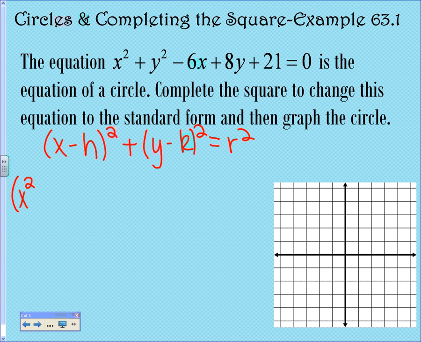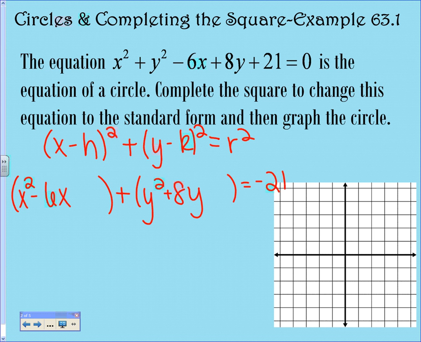So we have x squared and minus 6x. And then we're going to leave a space because we're going to put a third term there. And we're going to group our y terms together. So plus y squared plus 8y. And then equals, not 0. We're going to move the 21 over and make it negative 21.